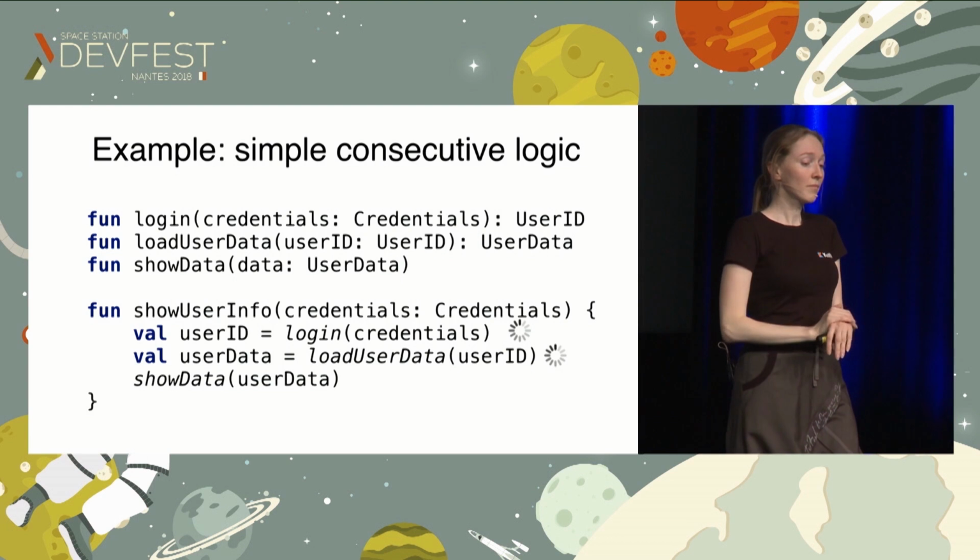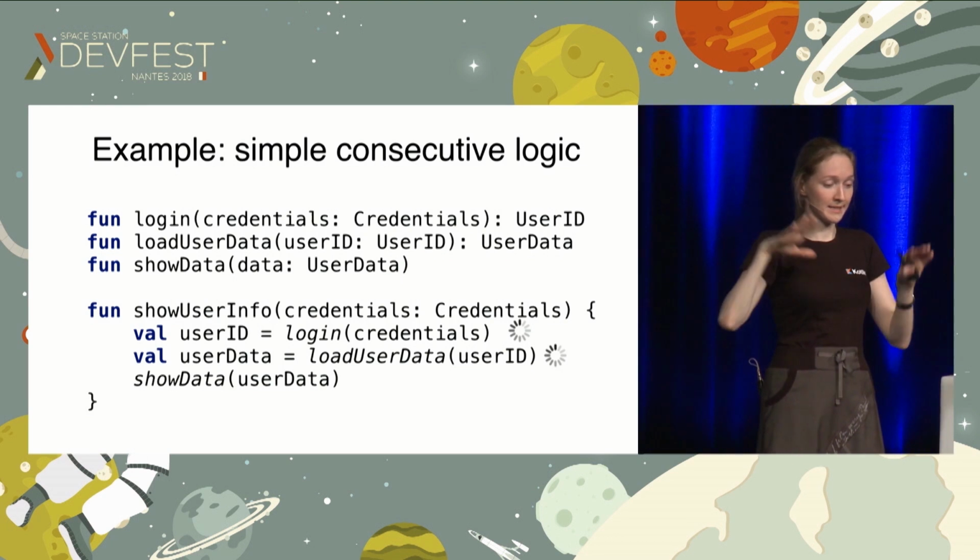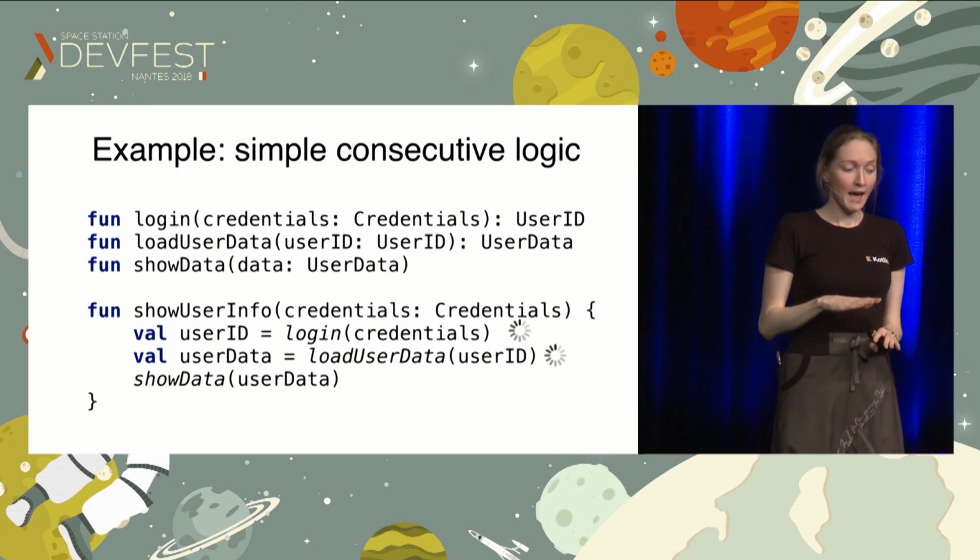An example. Here we have simple consecutive logic. First, we want to log in our user to get some user ID, then we load some data using this user ID, and in the end we show the data.